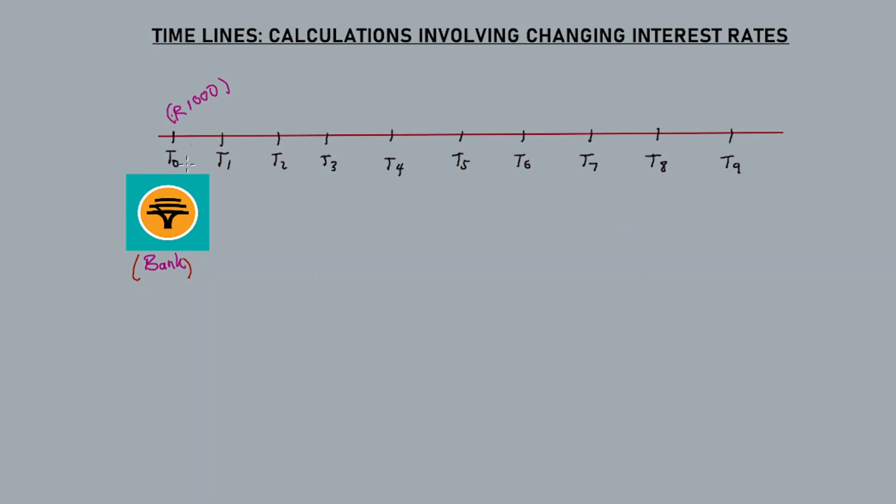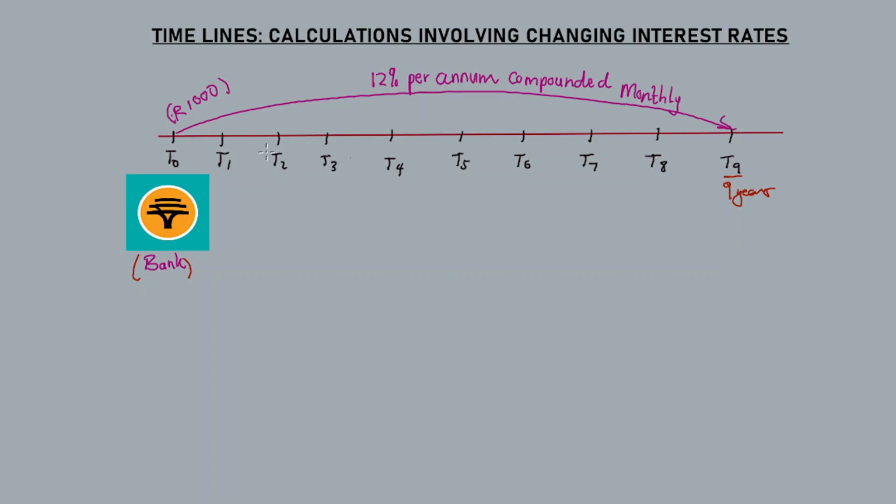Uvula a savings account with this bank and then ufake 1,000 rand for a period of 9 years. Now, for a period of how many years? 9 years, right? And then basically bank ithi, okay, for saving this 1,000 rand for 9 years, I will give you the following rate: 12% per annum compounded monthly for this 9-year period.